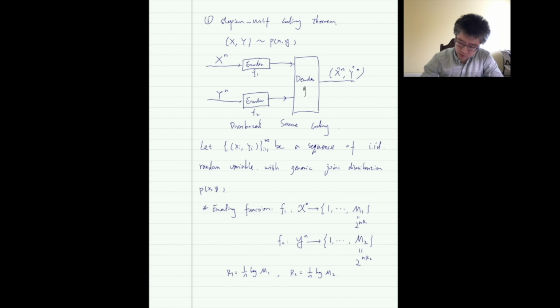And for the decoding function, that is denoted by G. G is from the product set 1 to M1 times 1 to M2 to the alphabets of X and Y. Okay, so this is the definition of the decoding function.